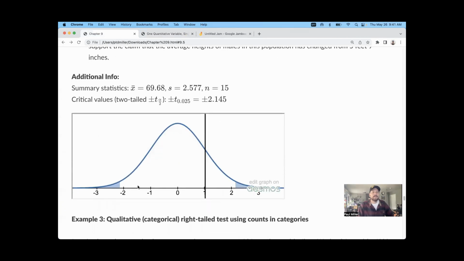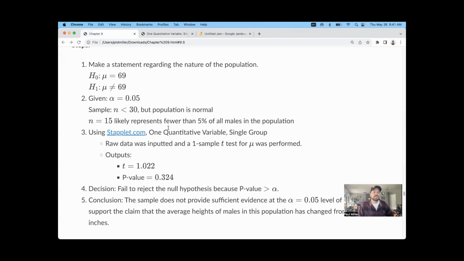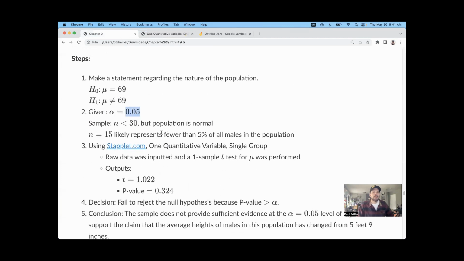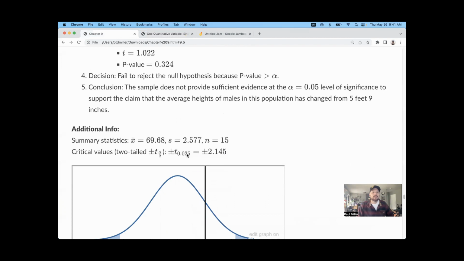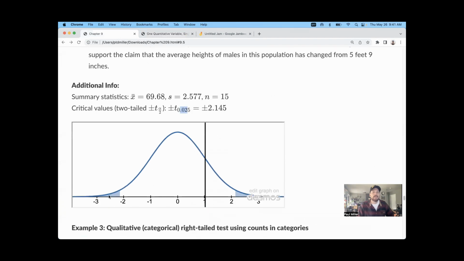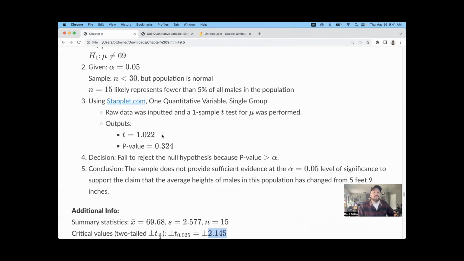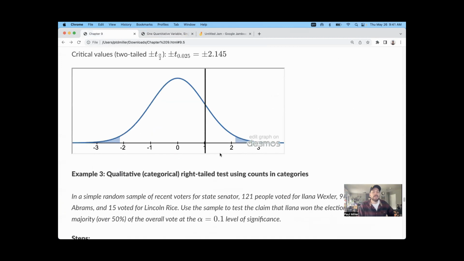We can see with a 5% level of significance, we're splitting that into 2 regions of 0.025 on each end. And that's beyond 2 standard deviations to get there, approximately 2.1. We're only at 1 standard deviation from the mean. I like the two-tailed test because it's more like a confidence interval. We put a value in the middle and we have a plus-or-minus margin of error that gets us out to that tail, and this is just sampling error.